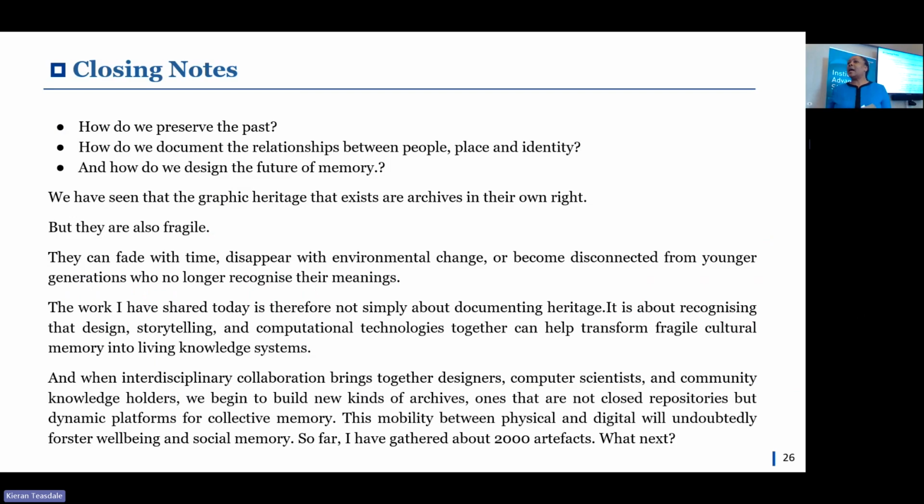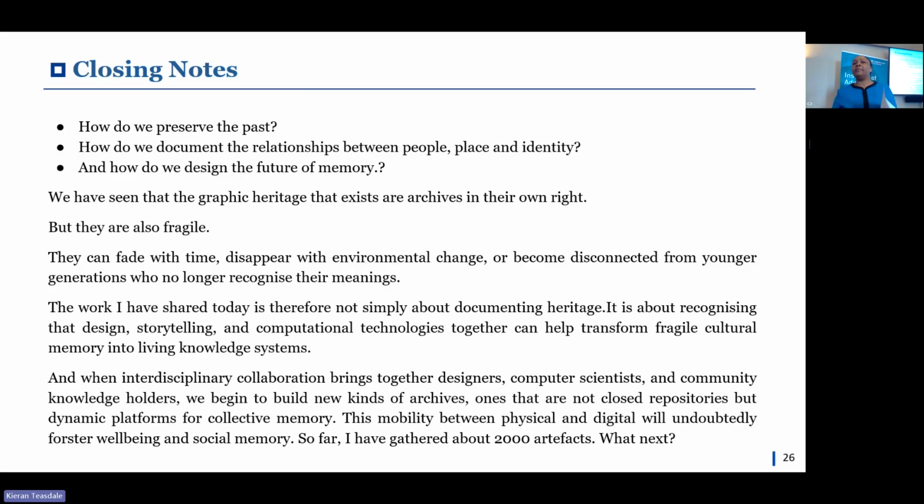So in closing, I will go back to the questions that I used to frame the research. I ask, how do we preserve the past? How do we document the relationships between people, place, and identity? And how do we design the future of our memory? We have seen that graphic heritage exists as archives in their own right, but they are also fragile.